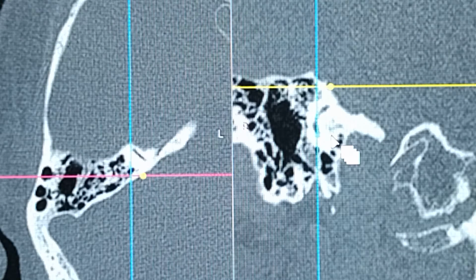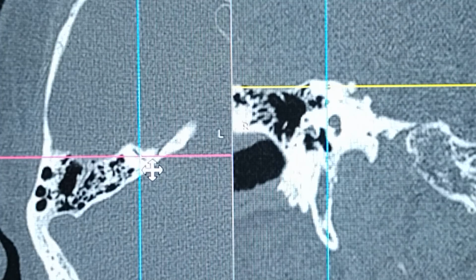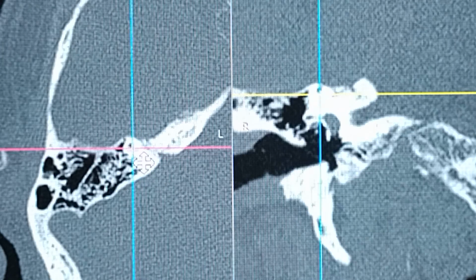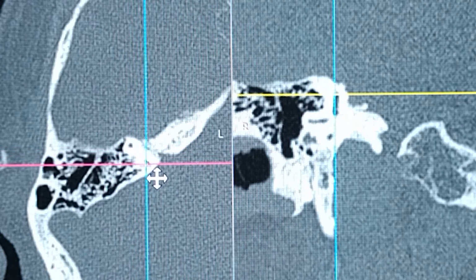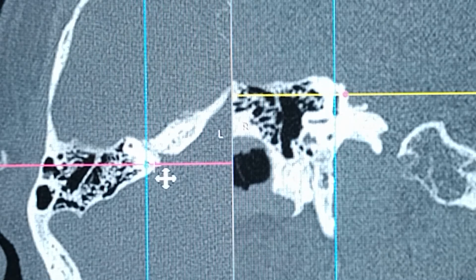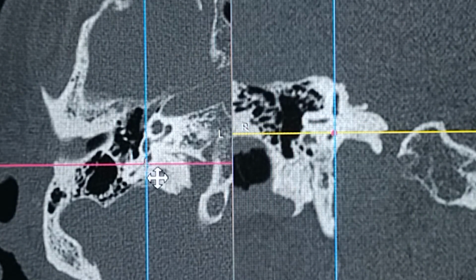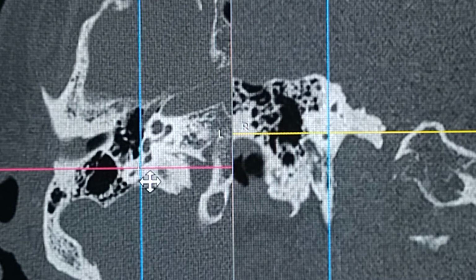But on the coronal section, now see, if I keep my navigation on this, on the coronal scan, you can see like a dot over there. But if I keep coming down, it divides into two. You can see it divides into two and forms in connection with the posterior and forms the crus communes over here. But then if I go posteriorly below, that's the posterior semicircular canal right there, you can see.